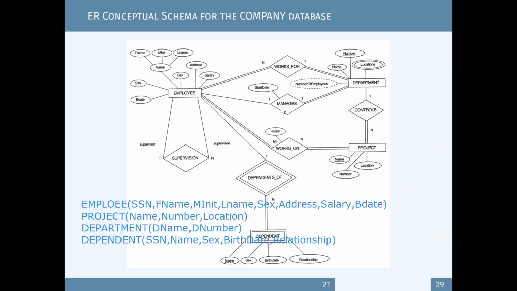Now let's work on the managers. We want to have a connection between employee and the department. Now we know primary key. We have selected the primary key as a social security number, and this side we have a department.